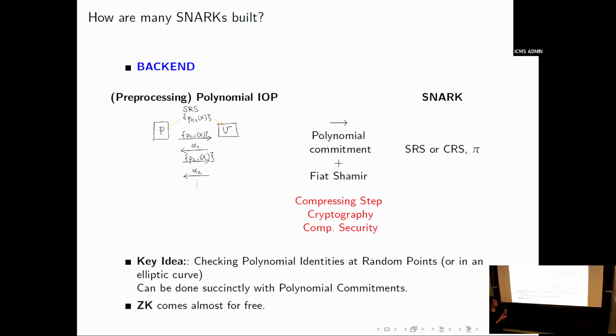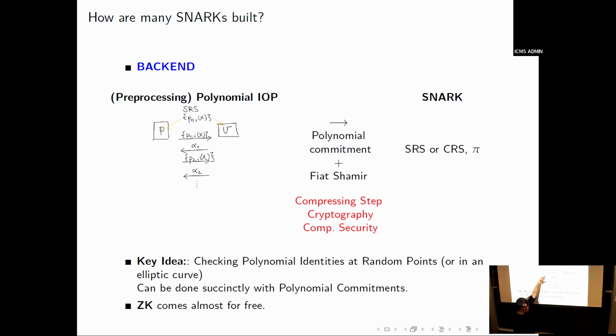And what's the key idea for transforming this polynomial IOP into a SNARK? Well, the main idea is that all these polynomial relations that the prover and verifier are sending and checking of each other will be checked at a random point. This is the key point to succinctness. Here we have done nothing except rewriting the computation and finding a way of describing a protocol where parties send each other large polynomials, and here it's easy to have unconditional soundness.